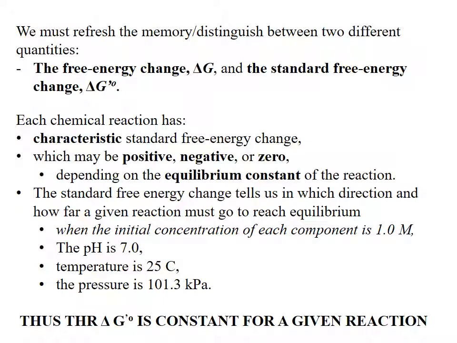So here's a brief refresher, the difference between free energy change, the delta G, and the standard free energy change, which is delta G prime 0. For each chemical reaction, we have a characteristic standard free energy change, which may be positive, negative, or zero, depending on the equilibrium constant.